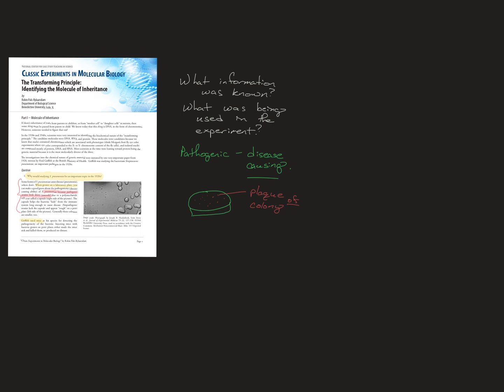Why would he use a mouse as a model organism? Remember that a mouse is a mammal. It's very much like a human. They're cheap to raise. So there's a whole bullet point list of why they're a great model organism.